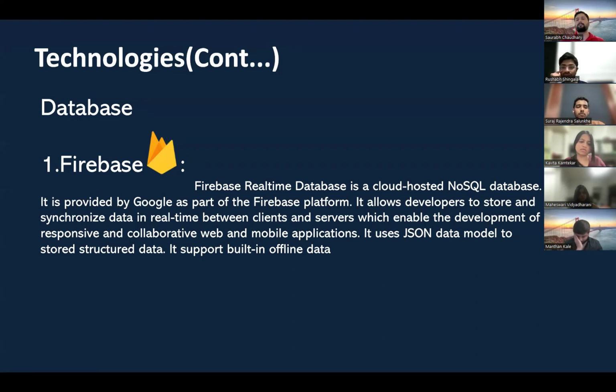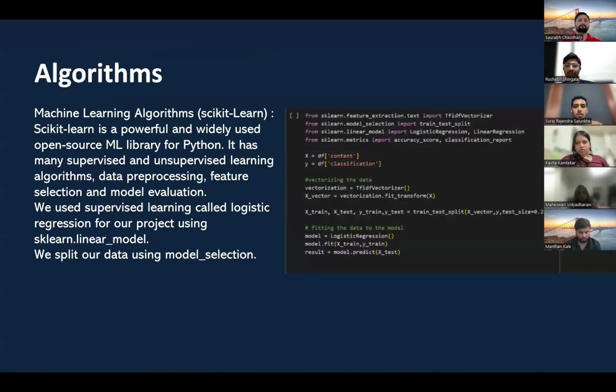It allows developers to store and synchronize data in real time between clients and servers, which enables the development of responsive and collaborative web and mobile applications. As it's NoSQL, it uses a JSON data model to store structured data. It supports built-in offline data as well.